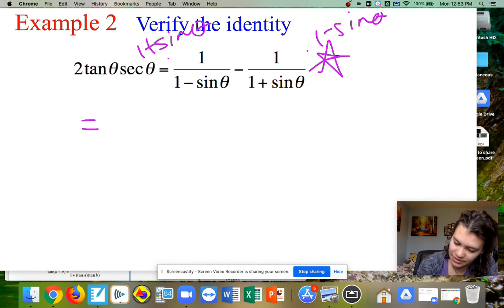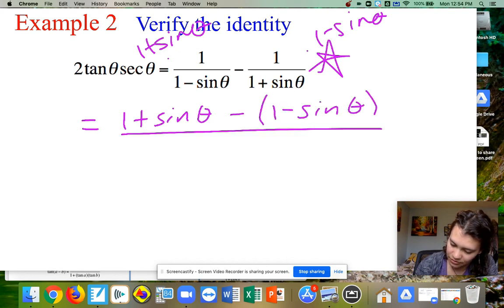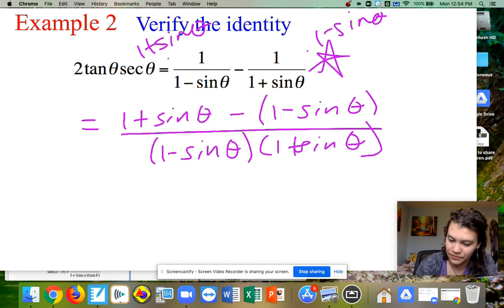So we'll do equals, you get 1 plus sine of theta minus 1 minus sine of theta all over 1 minus sine theta times 1 plus sine theta. Here, these parentheses are important at this point because we haven't distributed the negative yet.